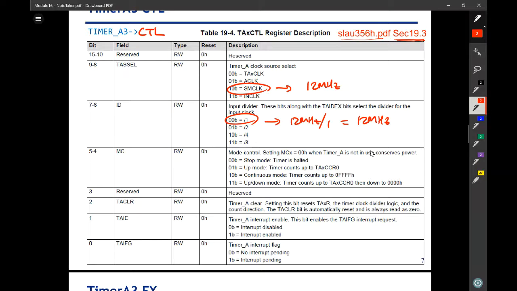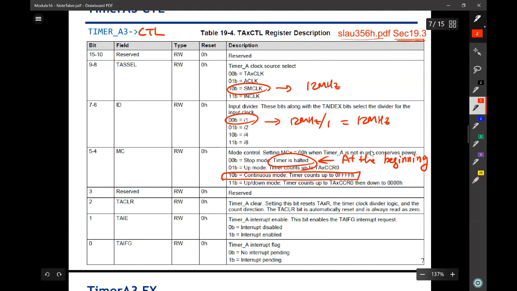And at the beginning, we need to hold the timer. Once everything is ready, we need to set it to continuous mode, and then we need to clear the timer. So you need to make sure that you set 1, 0 for continuous mode, and you need to clear the timer.